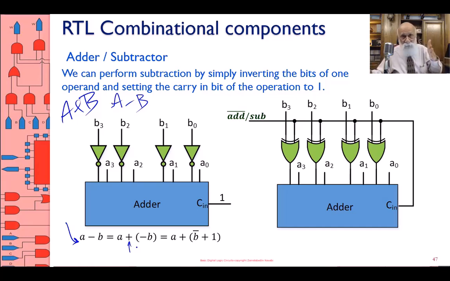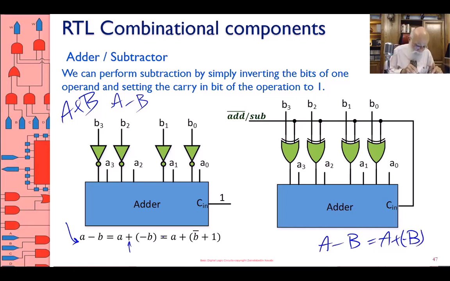Remember, when we talked about 2's complement numbers, we said that I like a system in which adding and subtracting can be done in the same way. Instead of doing A minus B, I'm going to do A plus minus B, and minus B is in 2's complement.